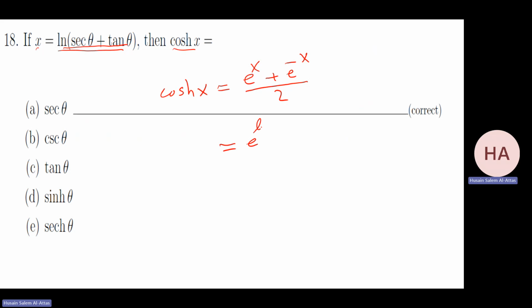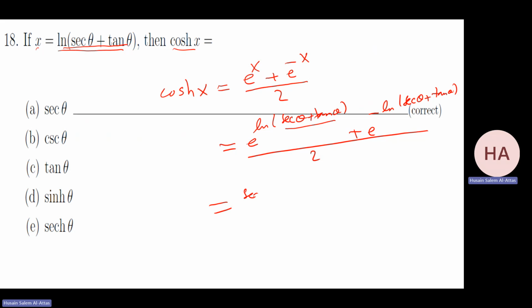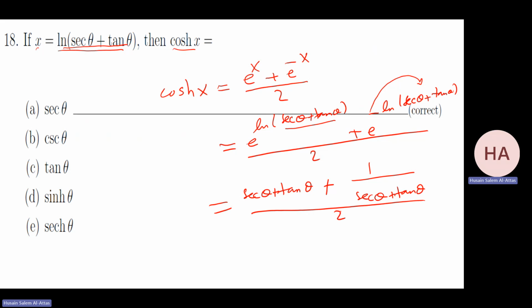What is x? X is all of this, plus e to the power minus ln of this over 2. E to the power ln something will be the something, plus here this one as well as a power, so I have 1 over secant theta plus tan theta, all over 2. Do the calculations.